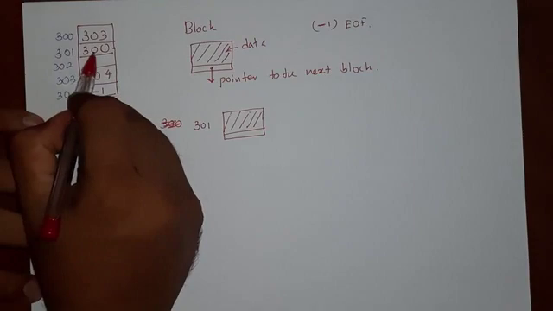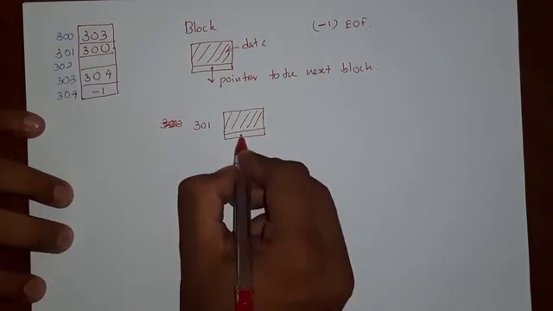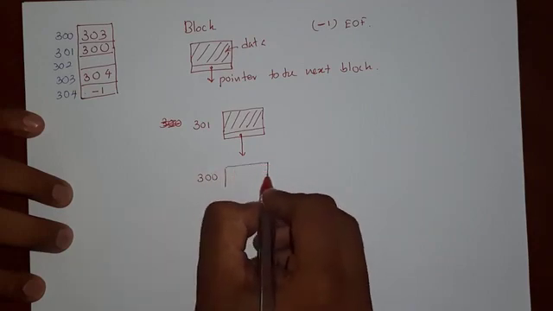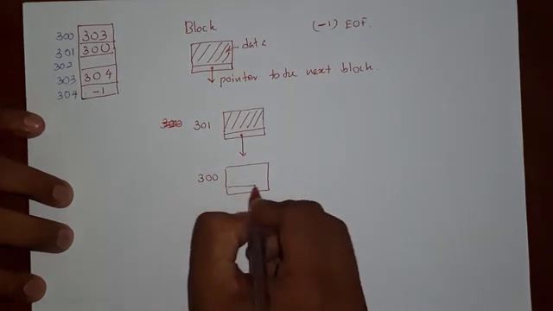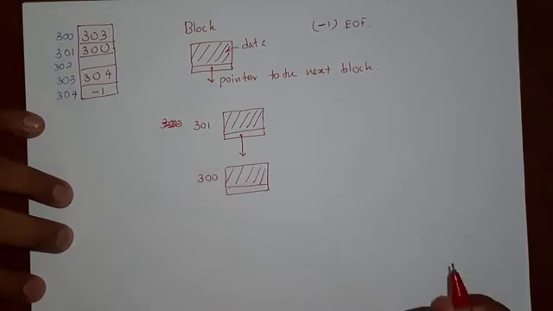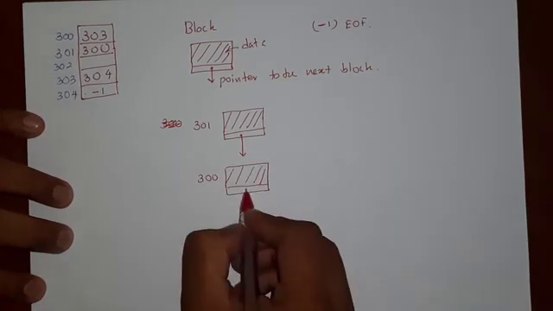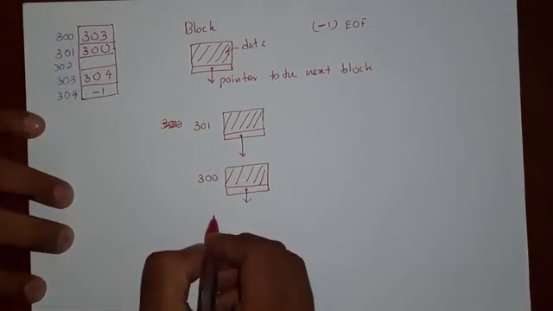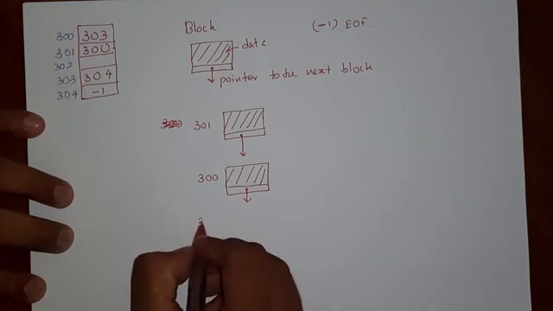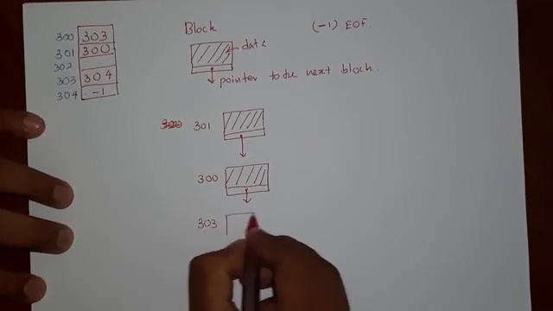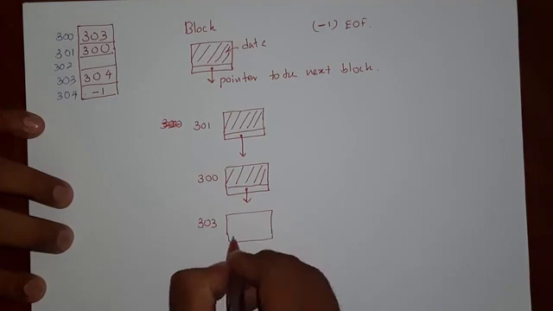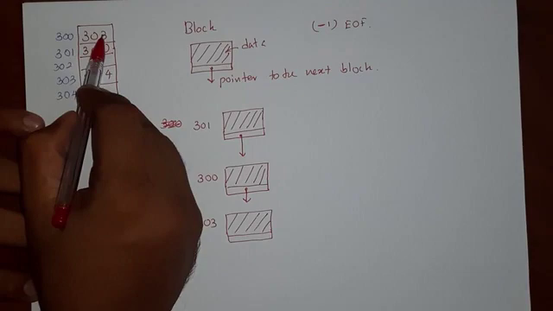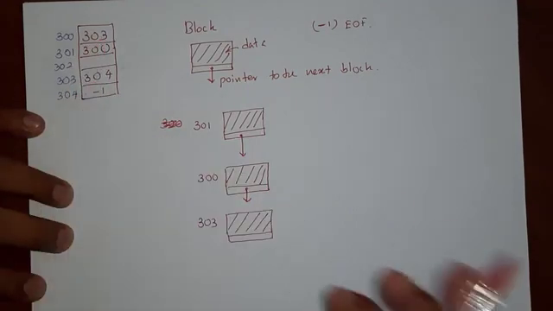This 301 points to 300. Then 300 points to 303. 303 points to 304.